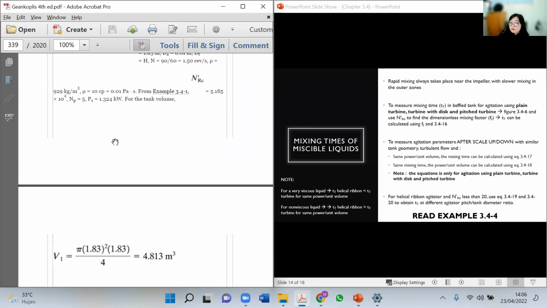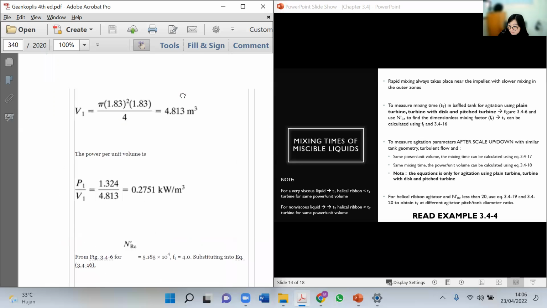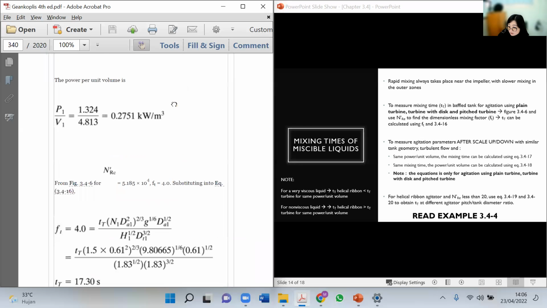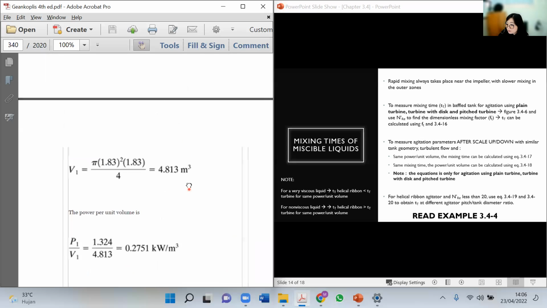To calculate the mixing time, we have to calculate the power per unit volume.